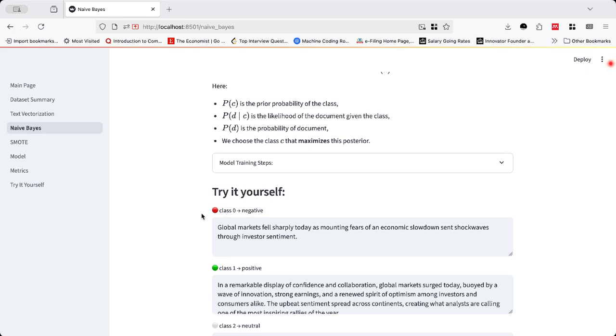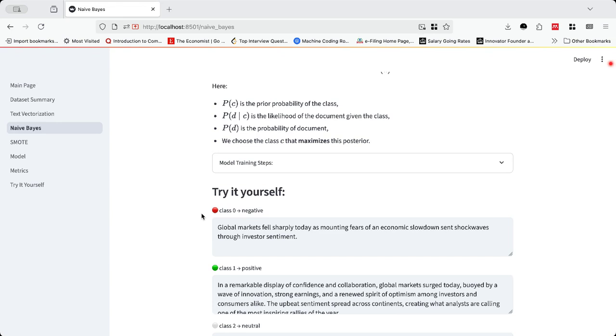We have a set of news articles labeled positive, another set labeled negative, another set labeled neutral. We count the number of times the word strong occurs in each of these sets of documents, and then we divide it by the total word count for each class.